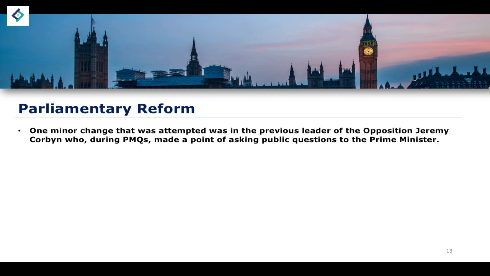I've included this here, which is quite interesting, a minor change attempted by the previous leader of the opposition, Jeremy Corbyn, who, during Prime Minister's questions, at least in the early years of his tenure as leader of the opposition, so from about 2015 onwards, made a point of asking public questions to the Prime Minister.